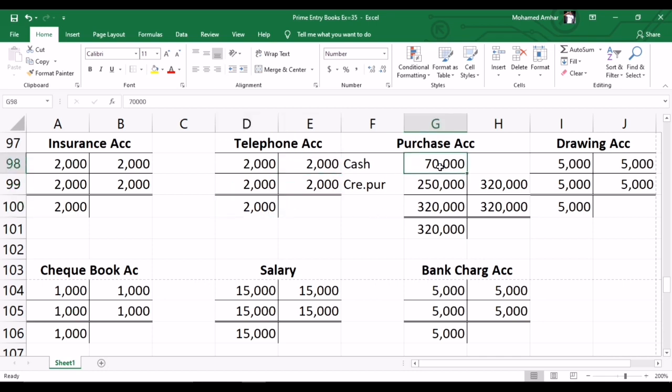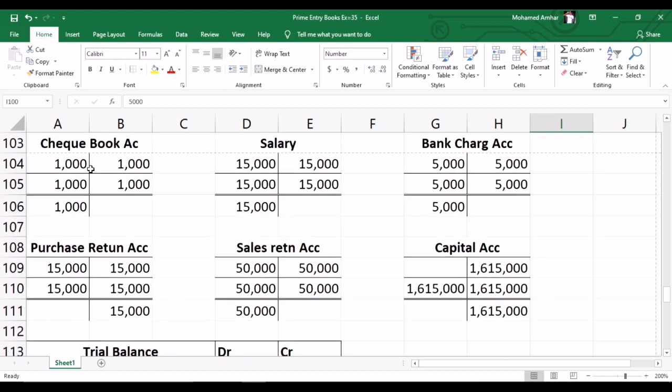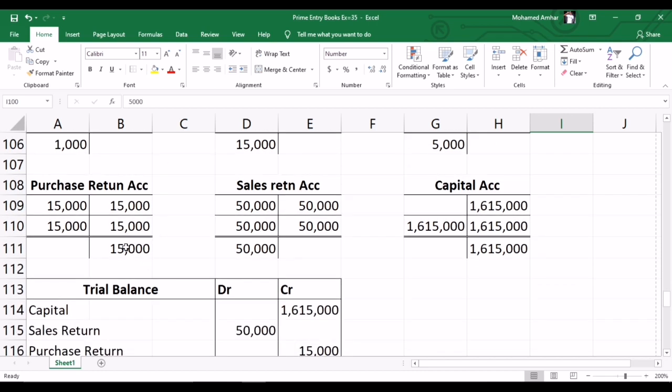Purchase, this is cash purchase, this is credit purchase, this is total, get the total here, carried down and brought forward. Drawing account 5000, total is 5000, total, carried down, brought forward. Same as checkbook account, salary account, bank charge account, all should get total and balance should be taken as brought forward.